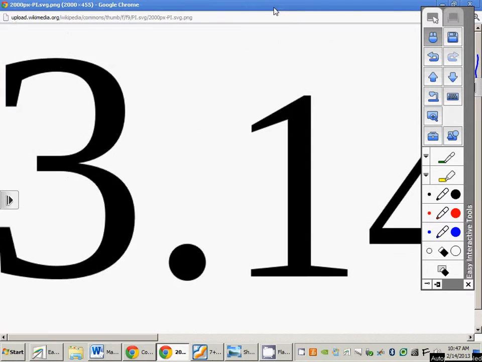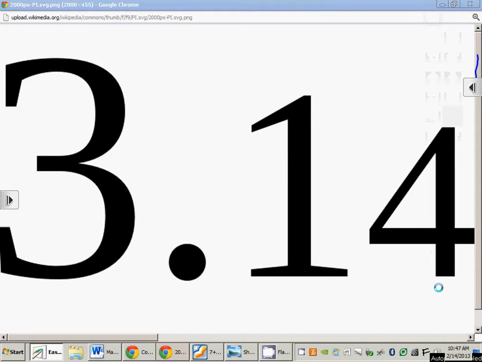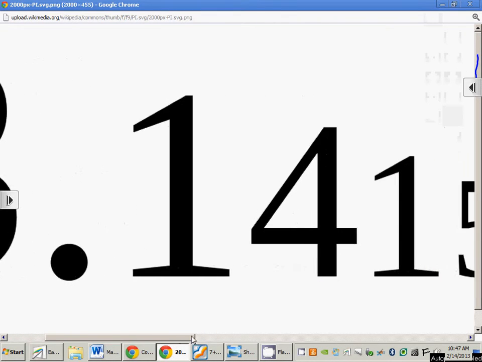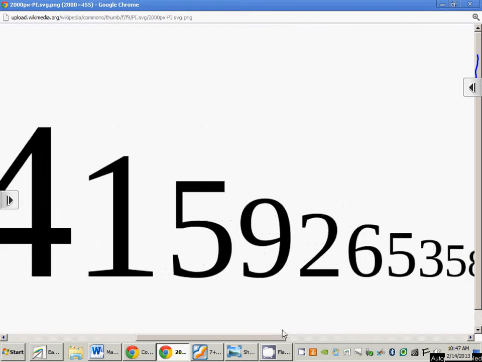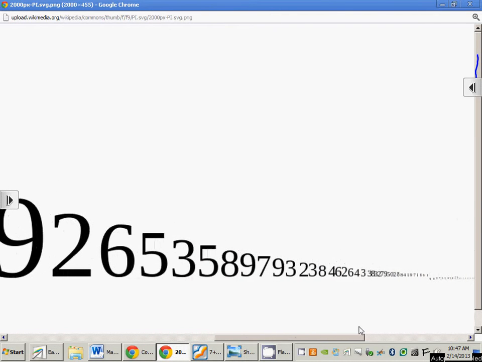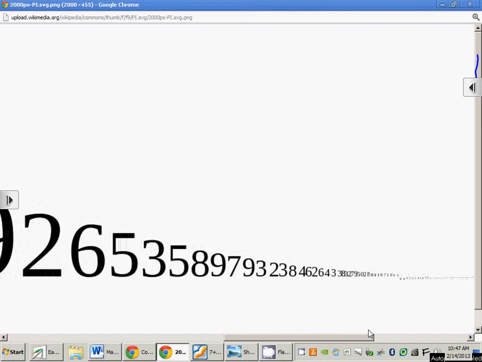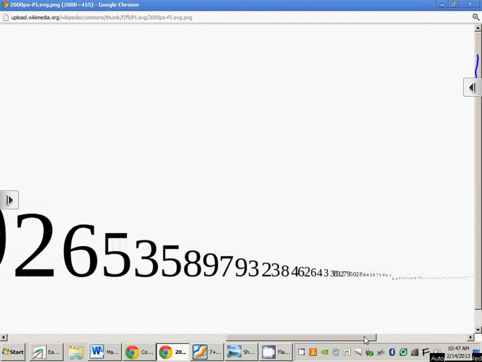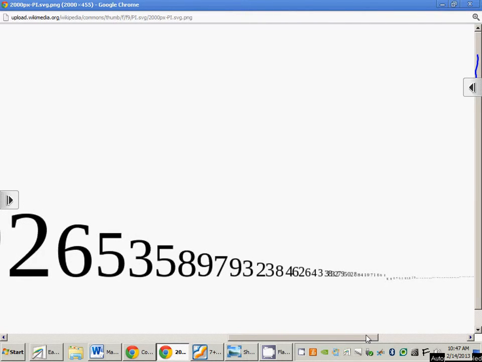Remember, we talked about it. It does look like 3.14. But remember, it continues. Yeah, the 1592. But then, as you look down the line, I don't see it repeating. And I can't really predict what comes next. If I just stopped you right here, I'm not sure if you'd be able to guess what comes next, but you couldn't predict it.